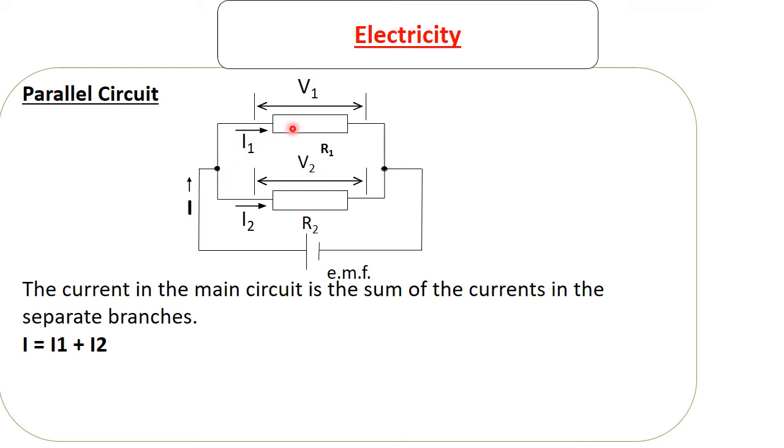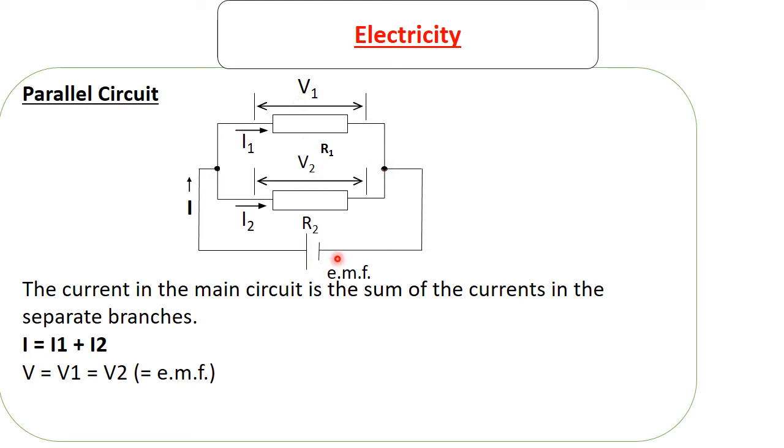If this has a different voltage and this one has a different voltage, it implies that the potential where this is connected is different from the potential where that is connected, but they are connected at the same point, so they should have the same potential. So V1 should always be V2. If there were 5, all the voltages of the components coming here and here should be the same. Therefore, EMF is equal to voltage 1, which is equal to voltage 2. So the voltage across the two components is equal to the EMF.